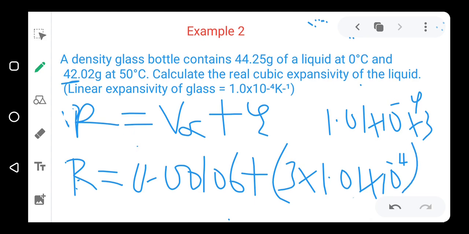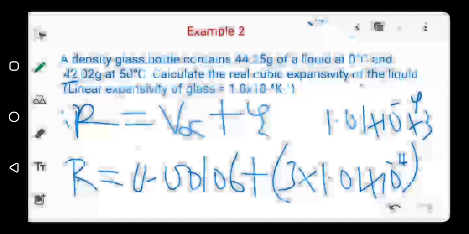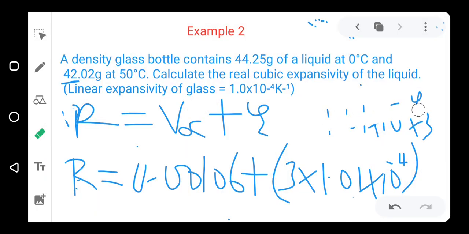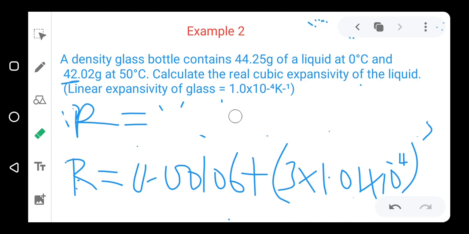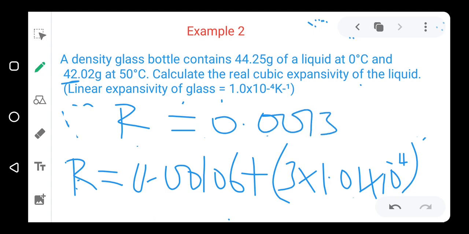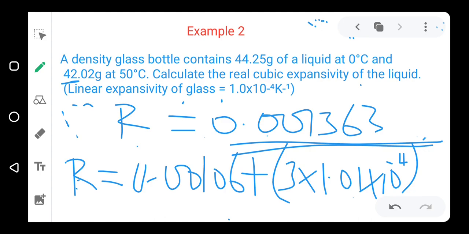Now whatever we get here is the real cubic expansivity of the liquid. That will give us that the real cubic expansivity of the liquid now is equal to 0.001363. This is the answer.